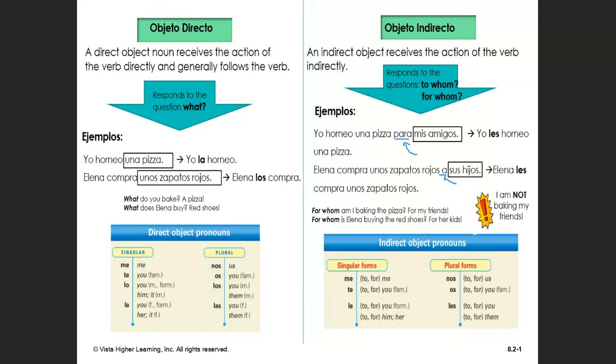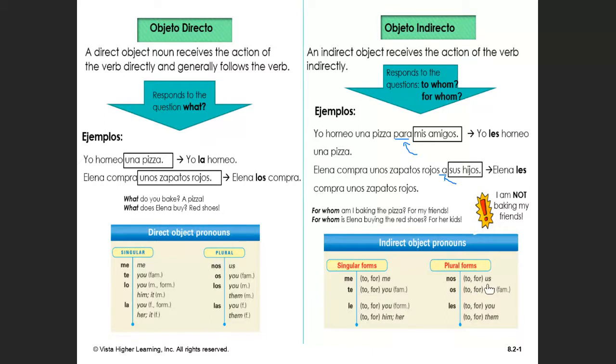Bien. So for objeto indirecto, I also have some pronouns, based on the person or item that is my objeto indirecto, based on the person that is going to be the recipient. If it's me, I'm going to use me. If it's you who is the recipient, te. If it's him or her, le.